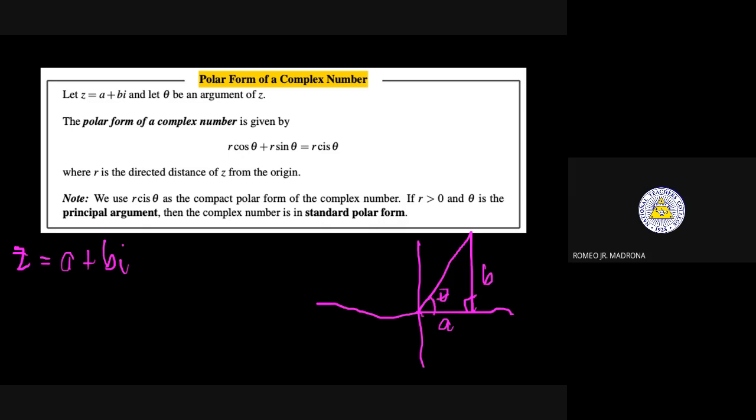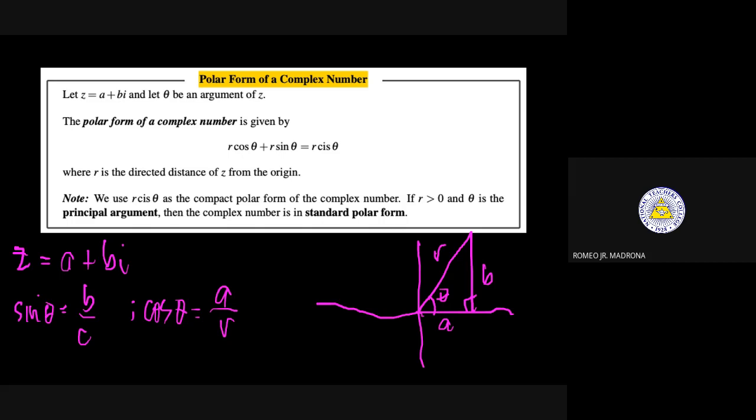Ito yung theta natin. So, sabi natin, oh, sir, may right triangle dito. So, we can use the sine and cosine. Sine theta is equal to opposite over the radius, B over R. Tama ba, class? And cosine theta is equal to A over R. Okay, wala nang space, no?